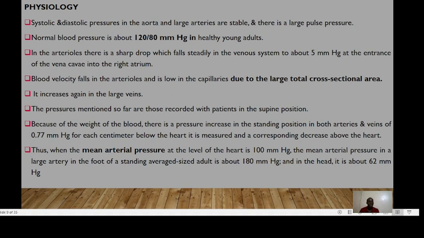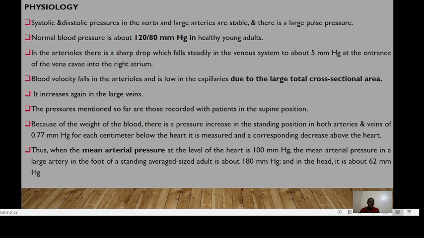The pressures mentioned so far are those recorded with patients in the supine position. Because of the weight of the blood, there is an increase in pressure in the standing position, in both arteries and veins, of about 0.77 millimeters of mercury for each centimeter below the heart, and a corresponding decrease above the heart.